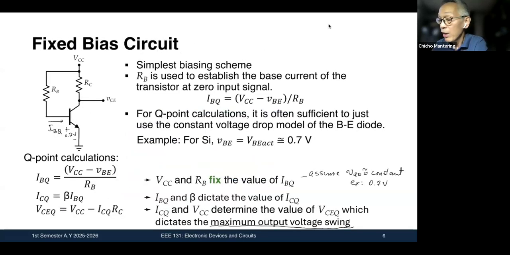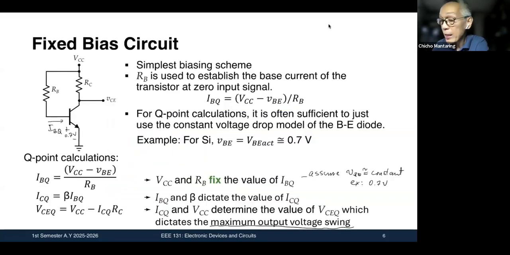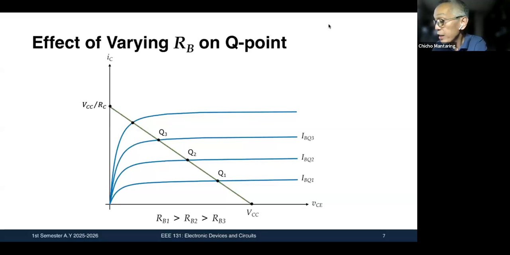Okay, what is the effect of varying RB? So remember what we said? The smaller the value of RB, the greater the value of IBQ. So this would have the largest RB.